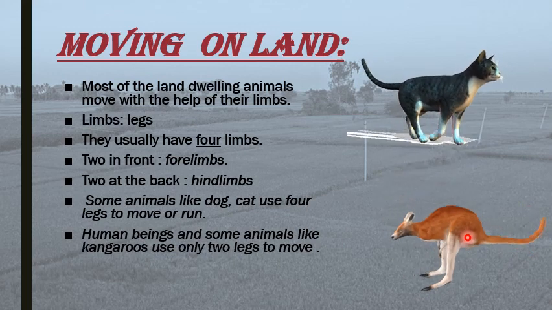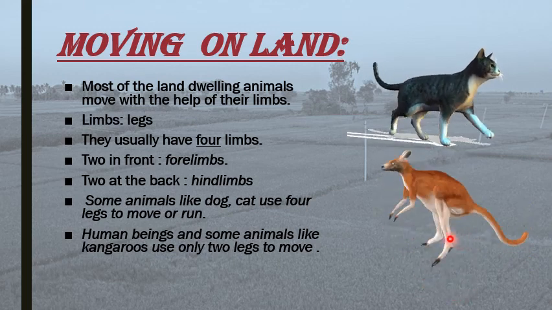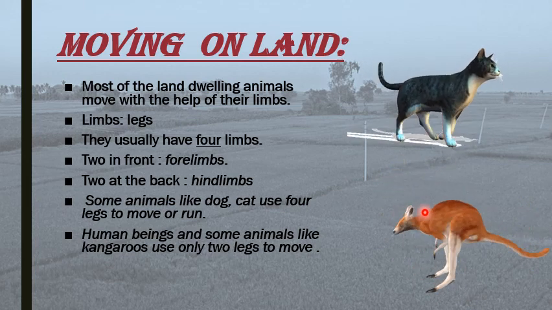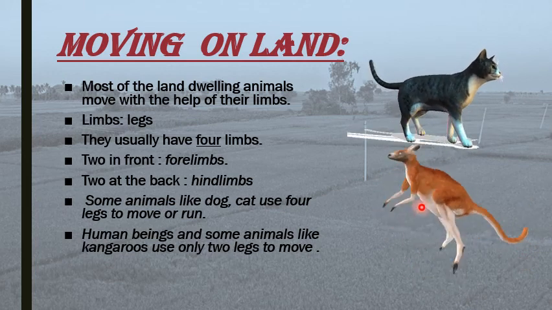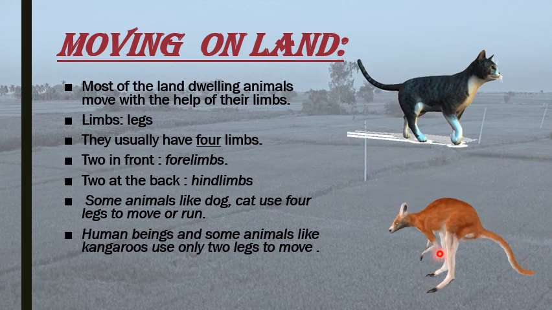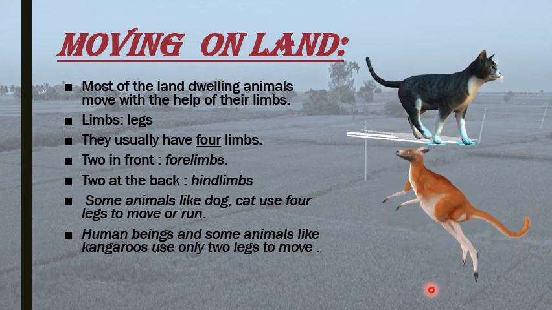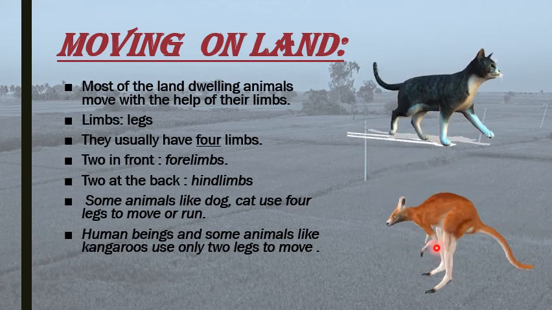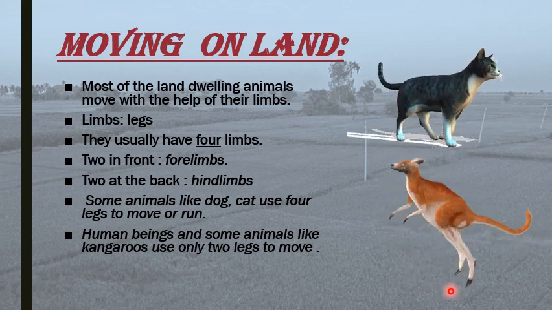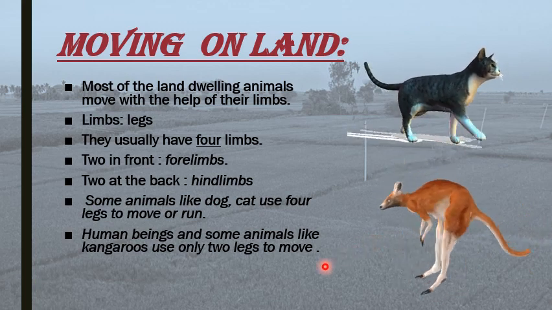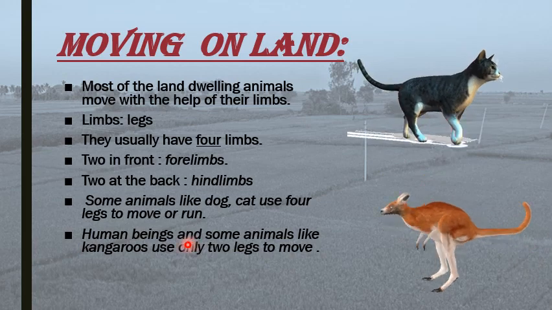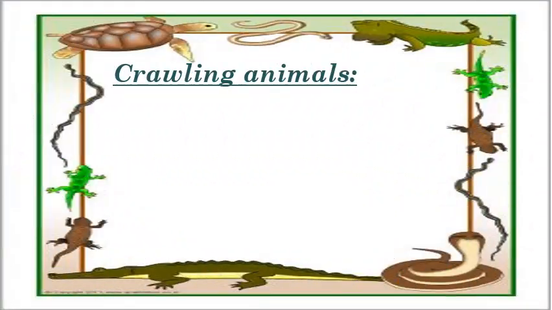You can see these are hind legs with the help of which they are jumping, and these are the forelimbs. Okay, so they use only two of its limbs and these are hind limbs. So they use only hind limbs or the back legs to move or walk. Okay, as human beings do.